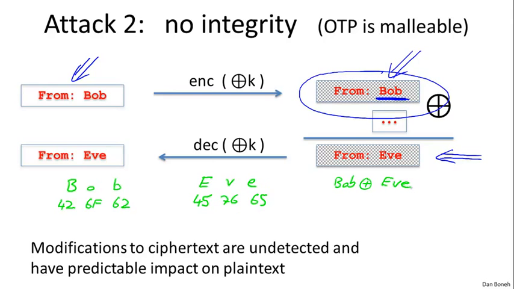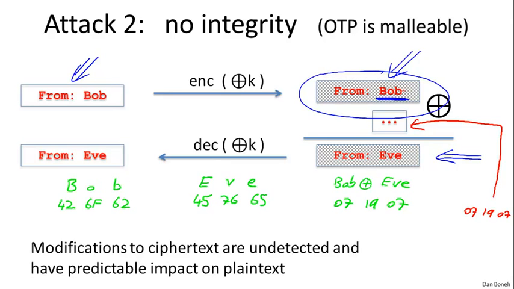It's not difficult to see that what I get is the 3 characters 07, 19, and 07. By XORing these 3 characters at the right positions into the ciphertext, the attacker was able to change the ciphertext to look like it came from Eve rather than from Bob.